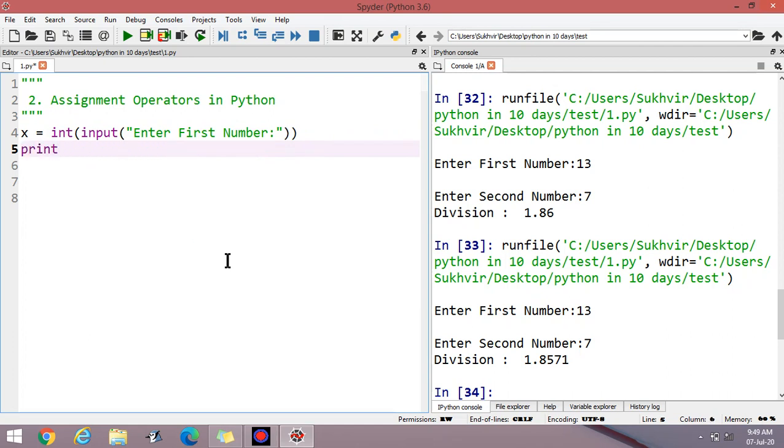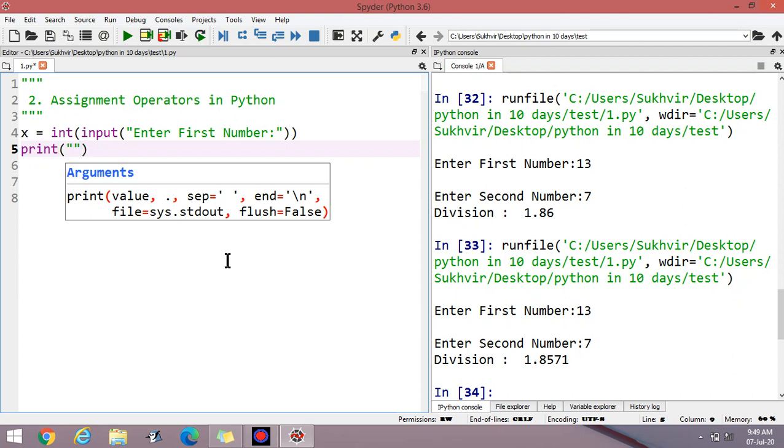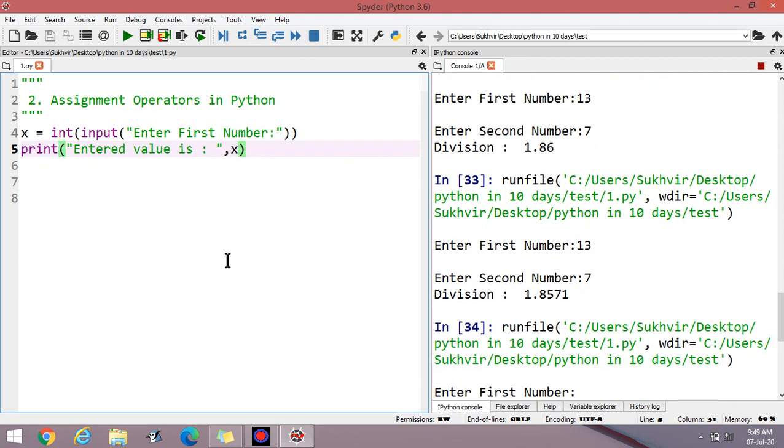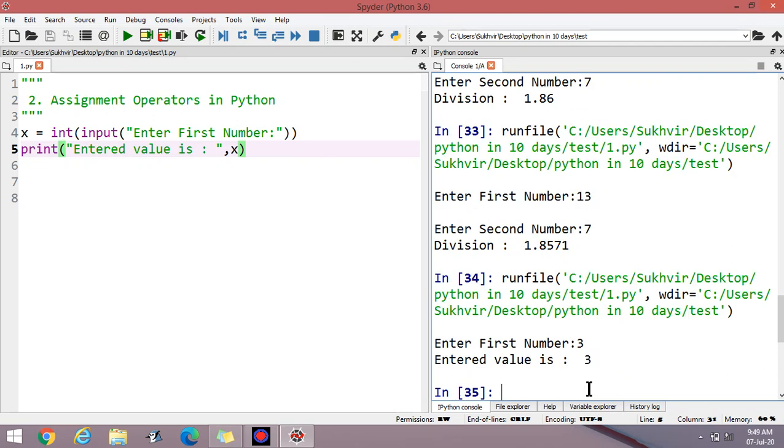Then print entered value is, you can print here x. Execute the program. Let the first value be 3.